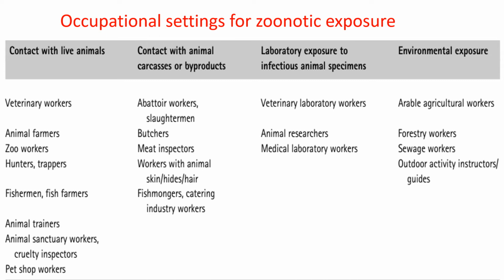Also, laboratory exposure to infectious animal specimens: veterinary laboratory workers, animal researchers, and medical laboratory workers. What about environmental exposure? Those are agricultural workers, forestry workers, sewage workers, outdoor activity instructors, and guides.